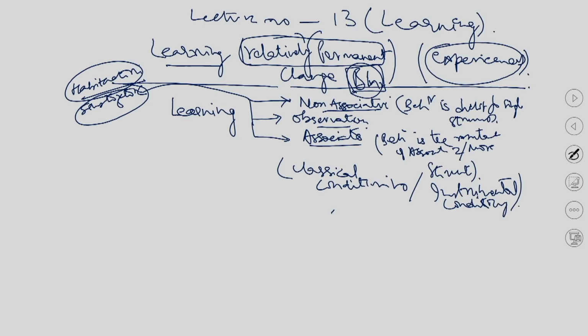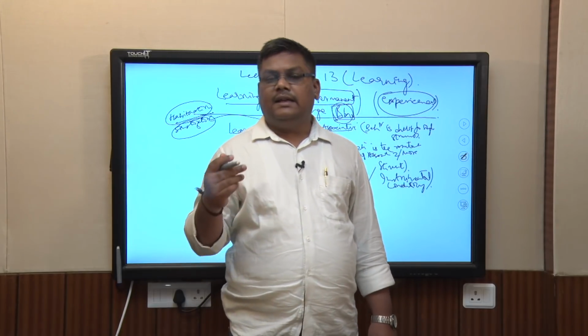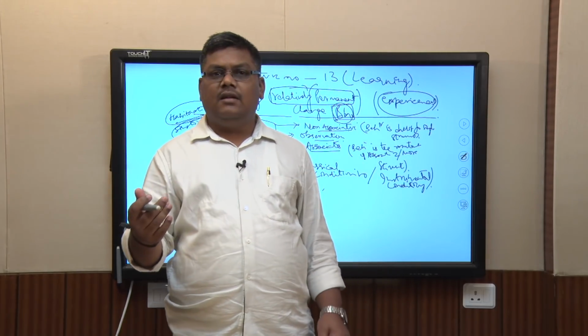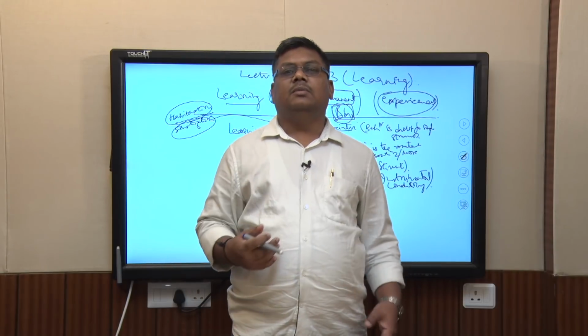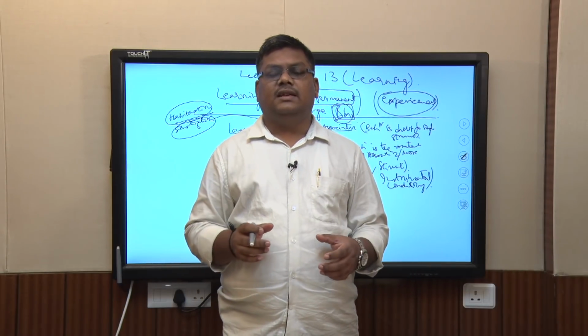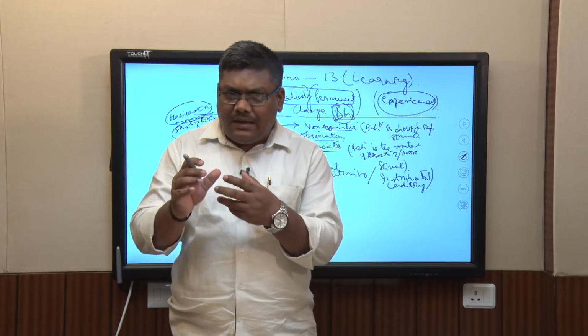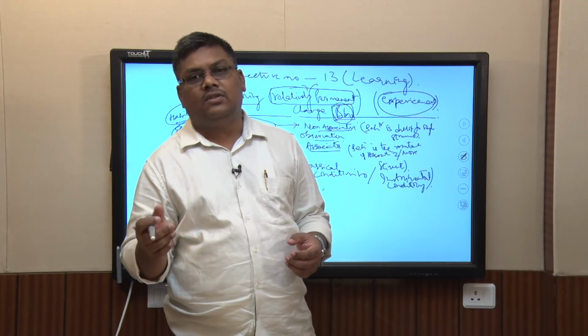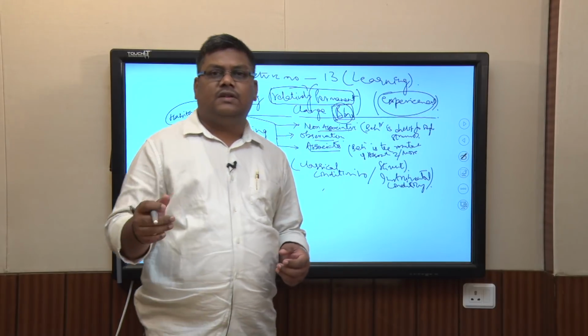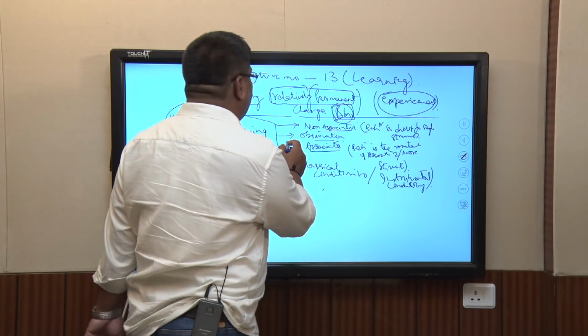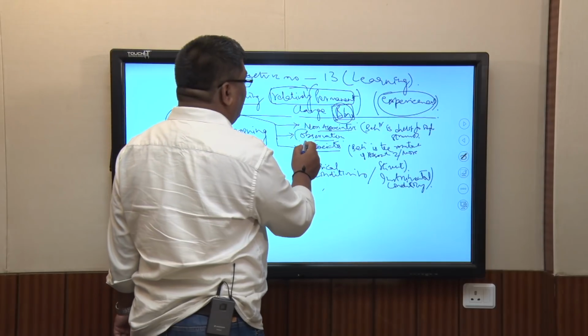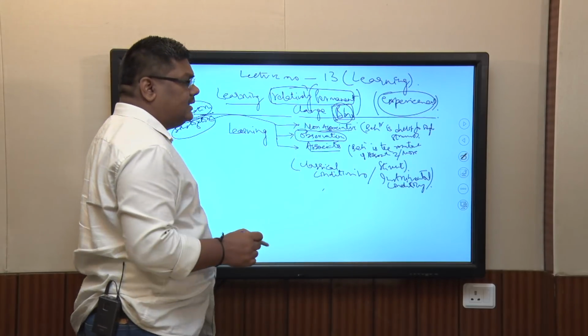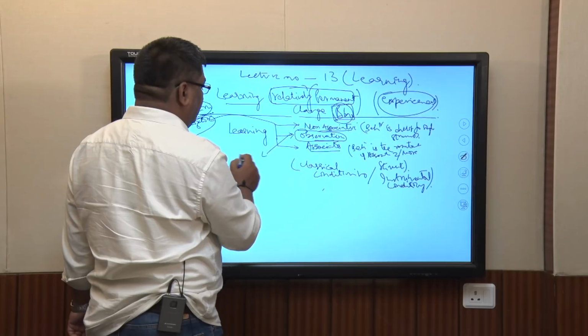In these, the behavior is the resultant of integrating two stimuli, or bringing two stimuli together, and this link between the two or more stimuli causes learning, and that is called the associative form of learning. And there is a third kind of learning which is called observation learning, and observation learning has a form which is called modeling.